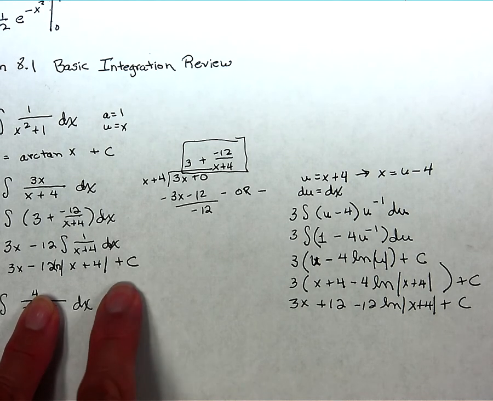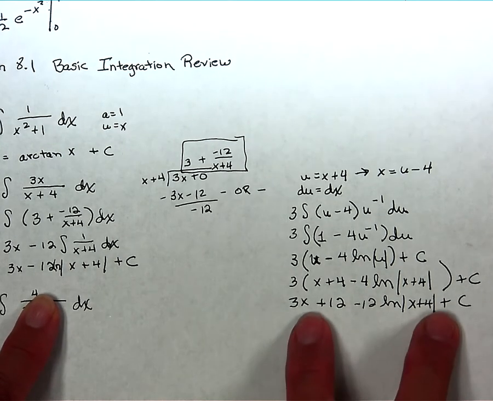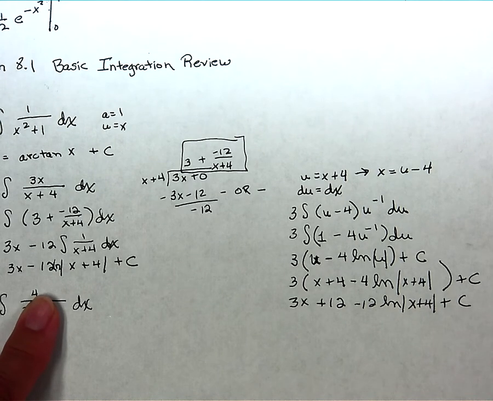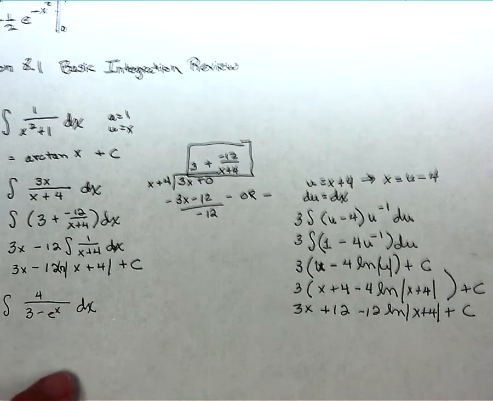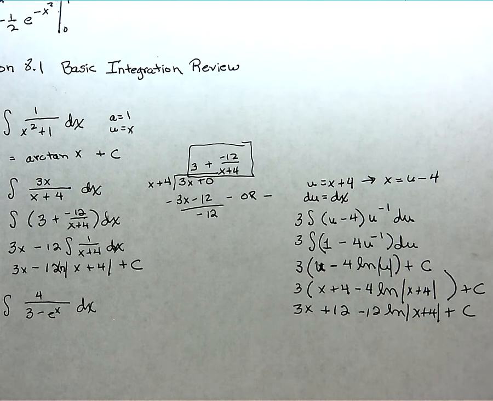This constant is 12 more than this constant, but they're both constants. That freaked me out for a minute because until last spring, I hadn't seen Cal 2 in 30 years. All right, so what about 34?